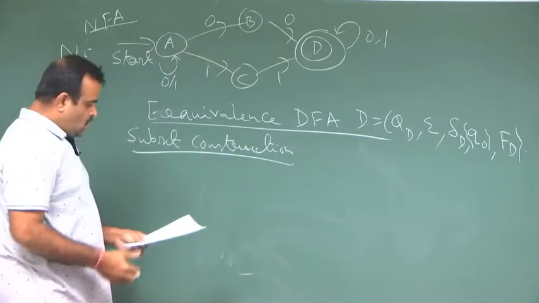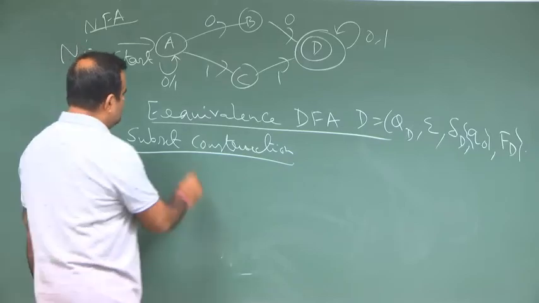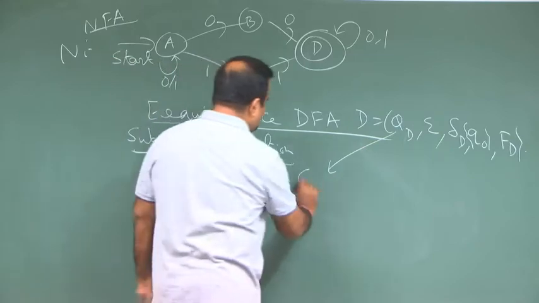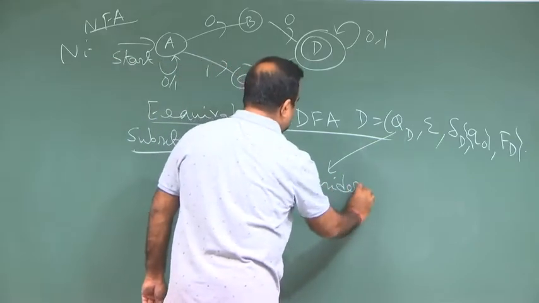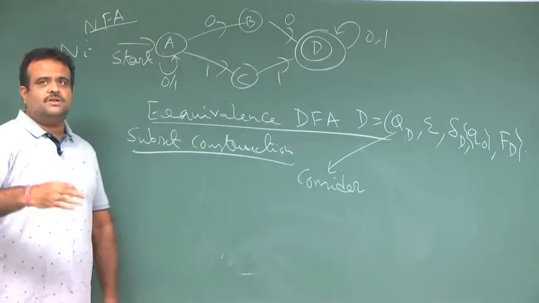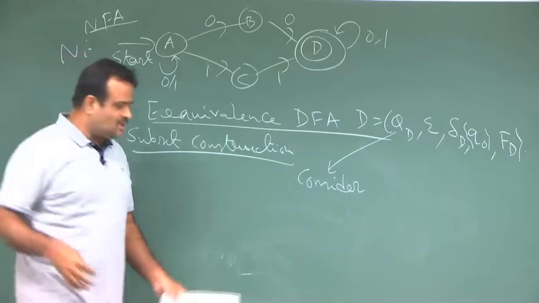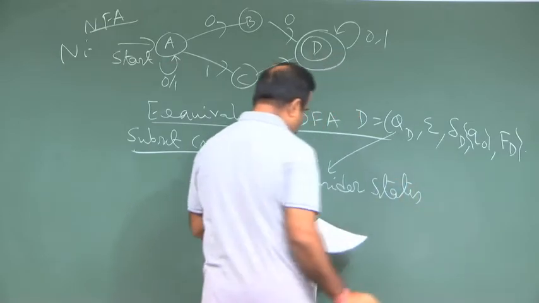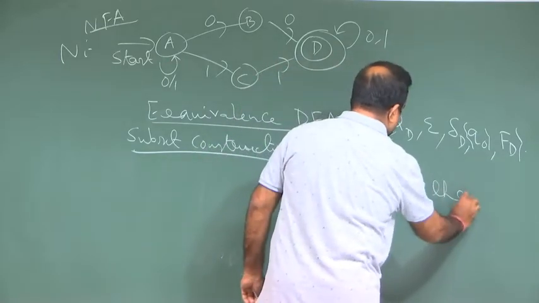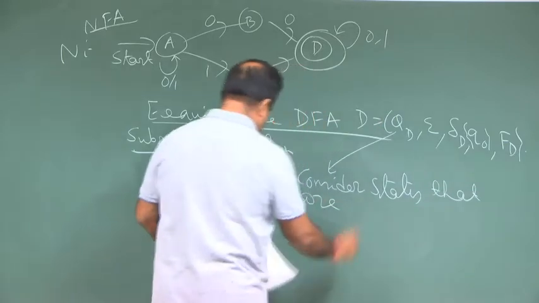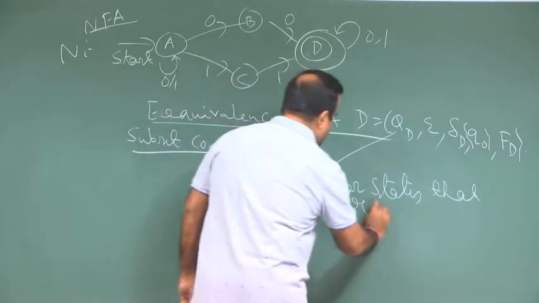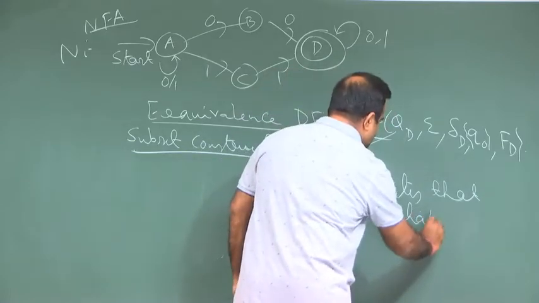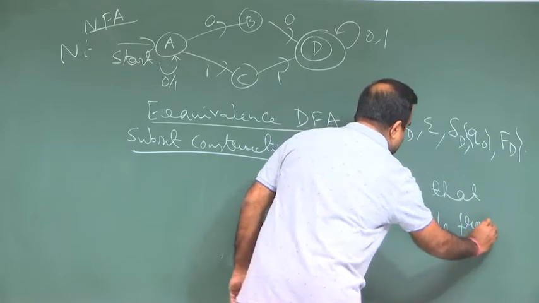So, here these are all the subsets. We do not need to consider all the subsets, we consider only those subset states that are reachable from the starting state Q0.